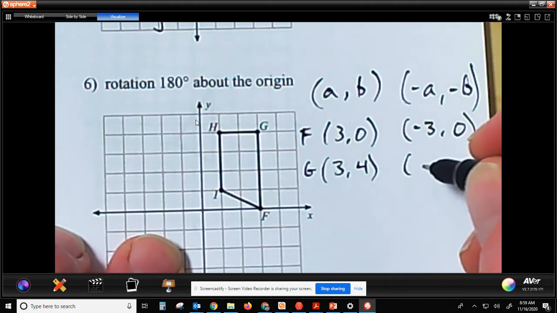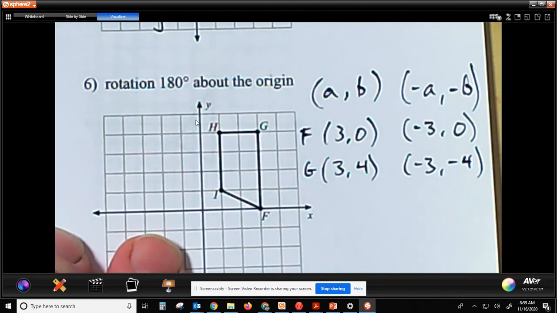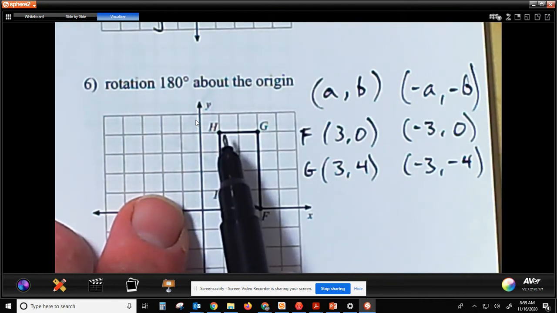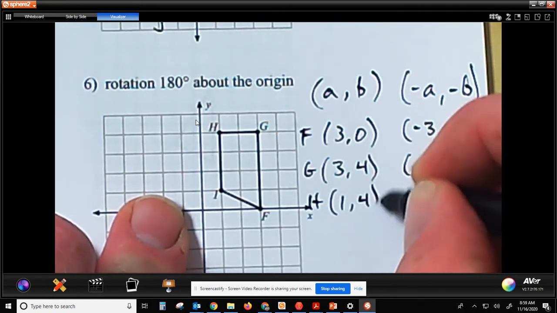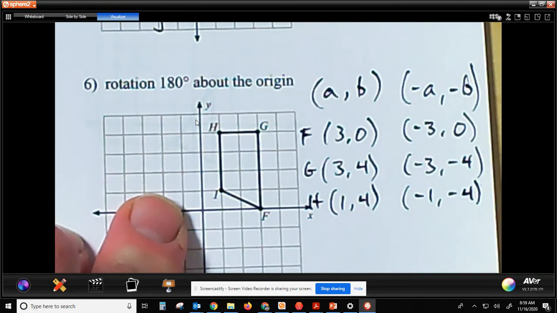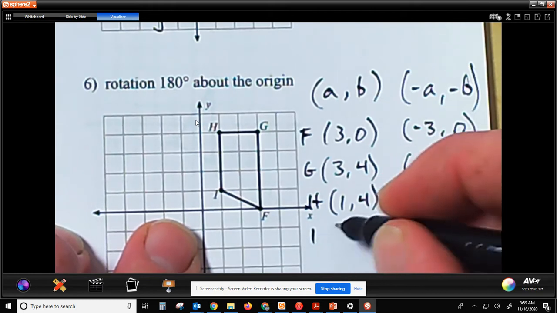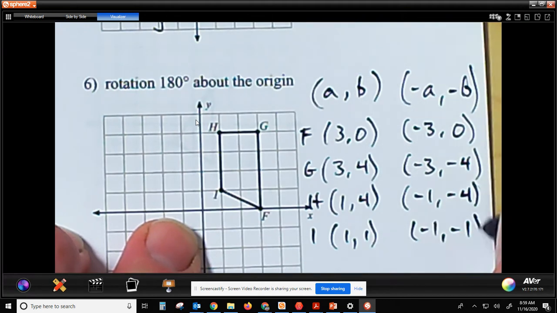And maybe you'll start to pick up a pattern. Negative 3, negative 4. H is over 1, 1, 2, 3, 4. 1 comma 4. Negative 1 comma negative 4. And I is at 1, 1. Sign change for both. Negative 1 comma negative 1.